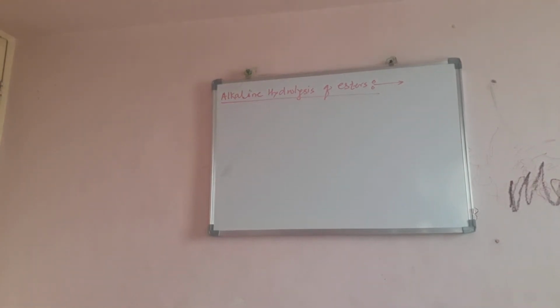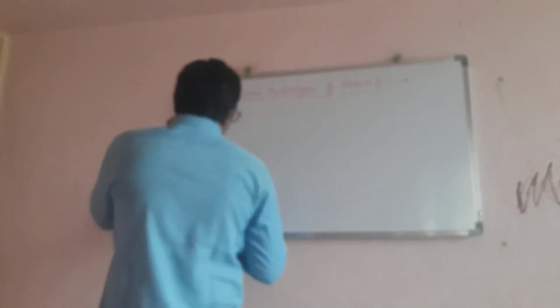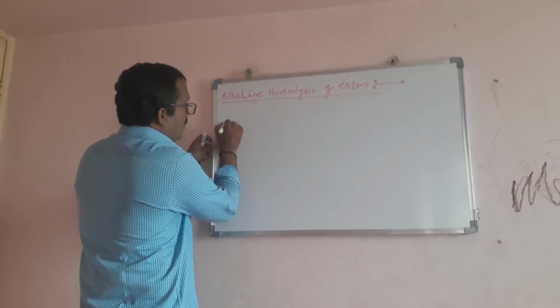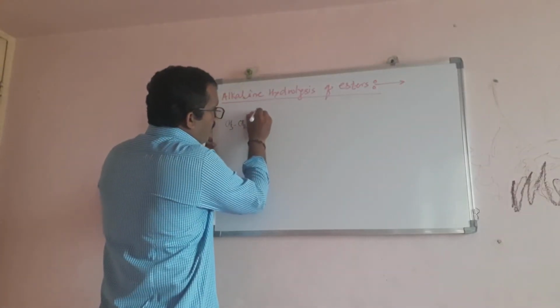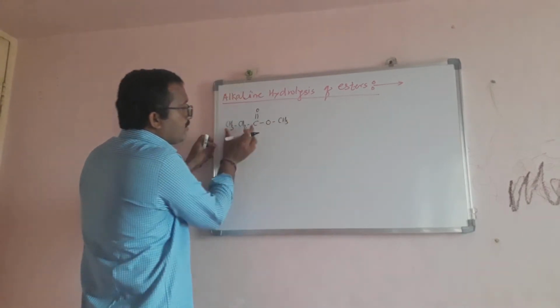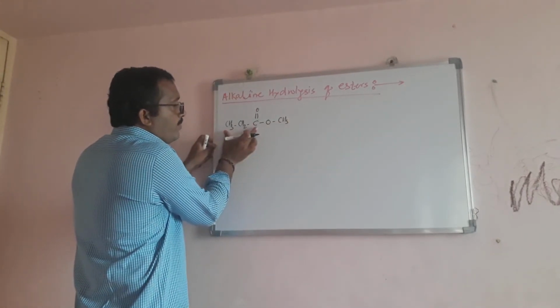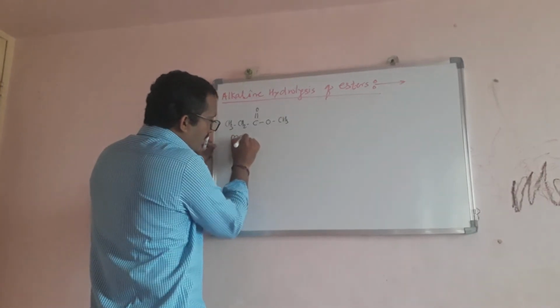In this reaction, we solve one example, methyl propanoate, CH3CH2C double bond O OCH3. This is the methyl group and this is the propanoate group, that's why it is called methyl propanoate.